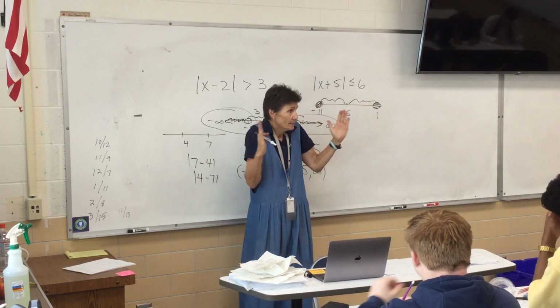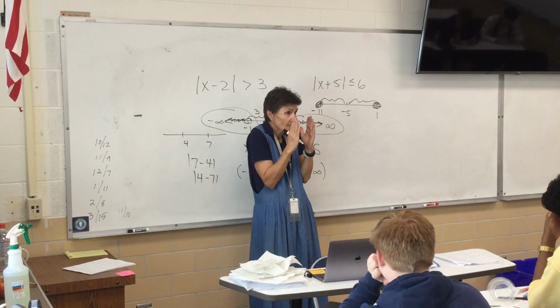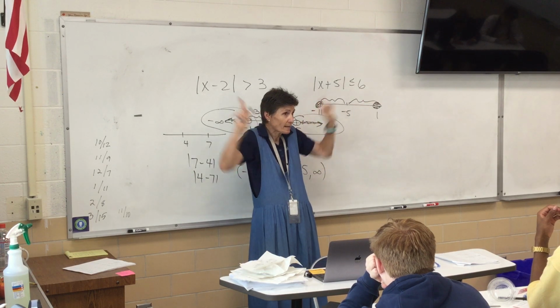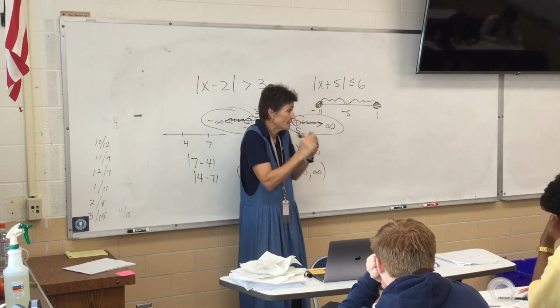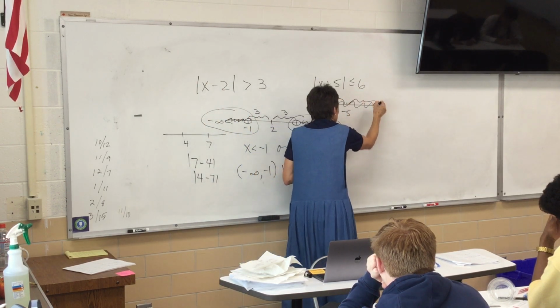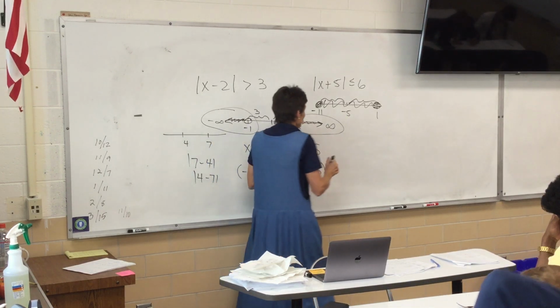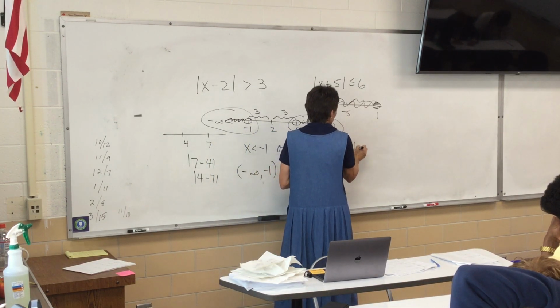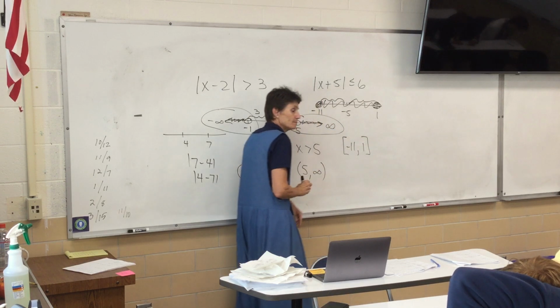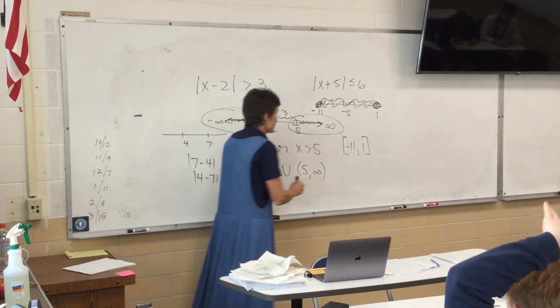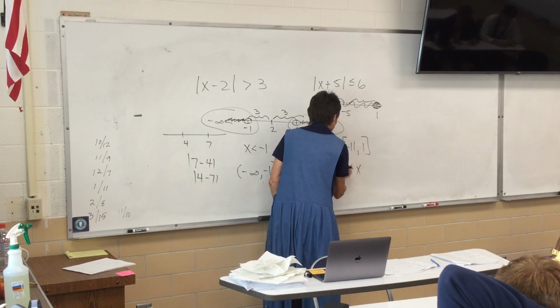This is less than 6, which means I won't shade out, I will shade in. So my answer in an interval would be that. In a set form, it would be this.